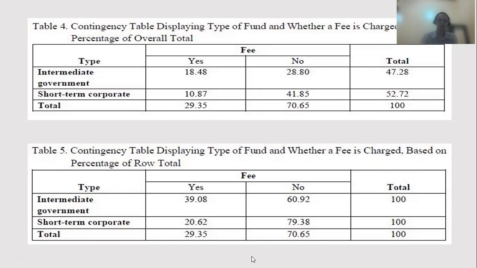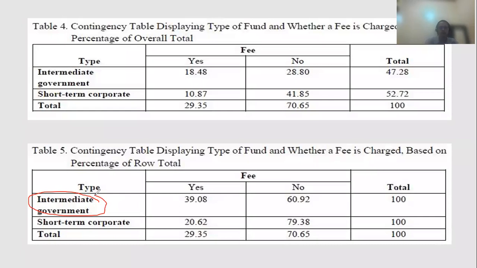But there are instances where you don't want to see the overall total. You want to focus on the column information, or you want to focus on the row information. For instance, I want to focus on the row information here. I want to focus on what percentage of people use the intermediate government type of fund.